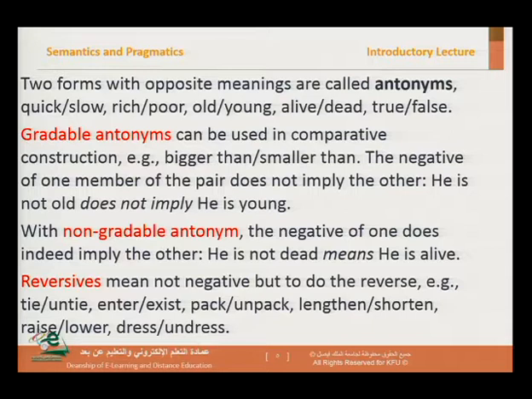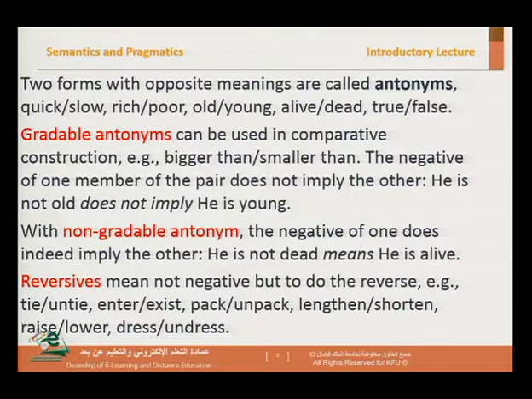Untie my shoes. So tying my shoes is one thing. The opposite is doing the reverse, untying. I can enter the room or do the opposite, exit the room. Before I go traveling, I pack my stuff in my luggage. After I arrive at my destination, I unpack, take them out.